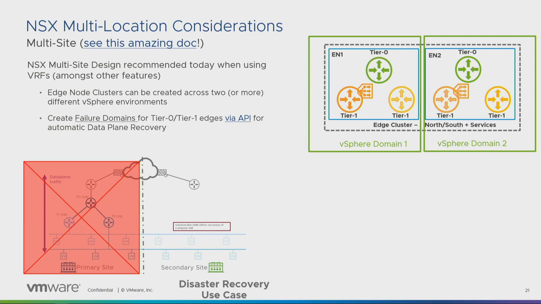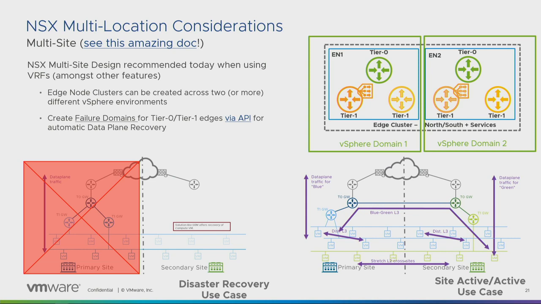That together with SRM gives you full disaster recovery capabilities. Active-active also works in the sense that you can have your tier 0 gateways and tier 1 gateways active in both sides, but again, you would have the standby HA components living in the other side in case of failure of one of the sides.